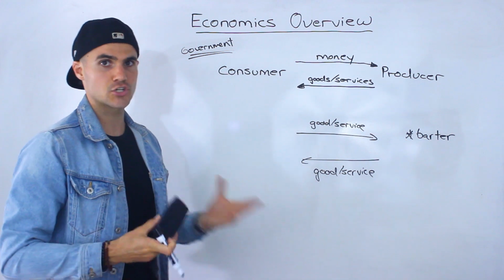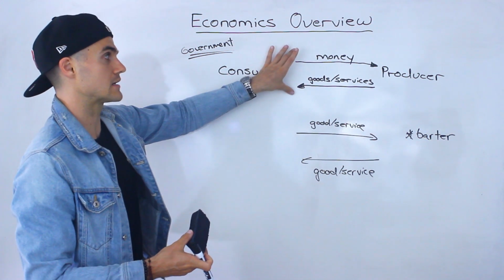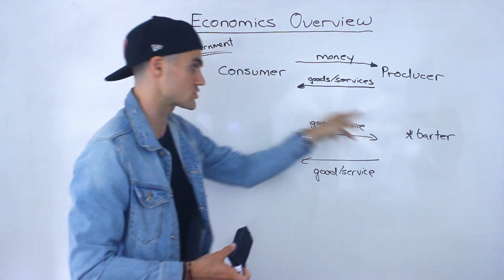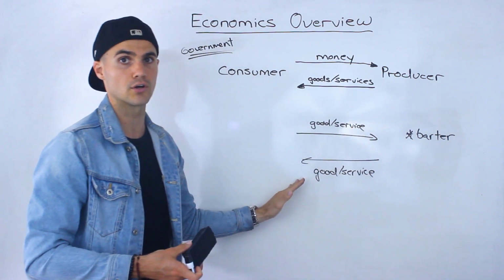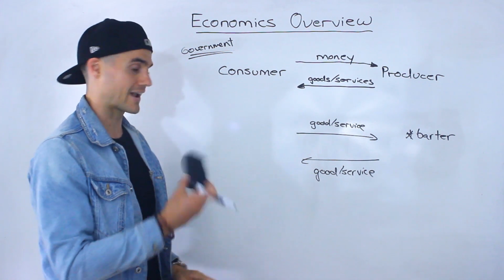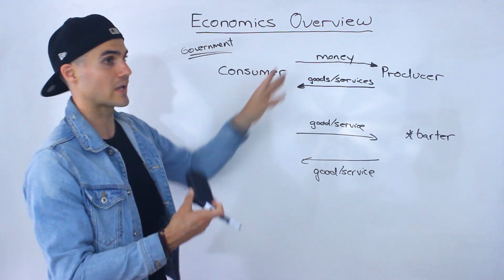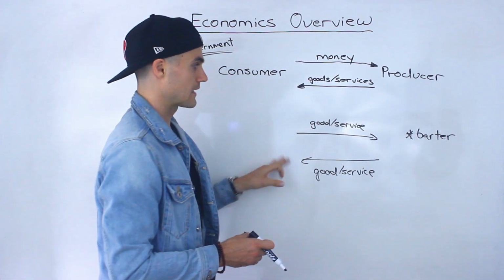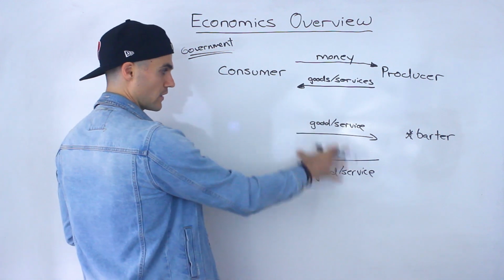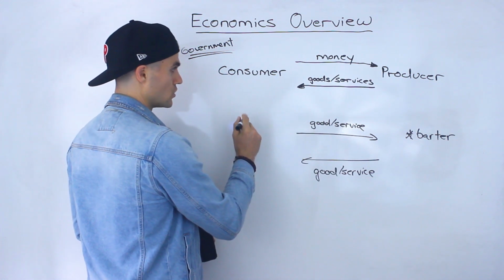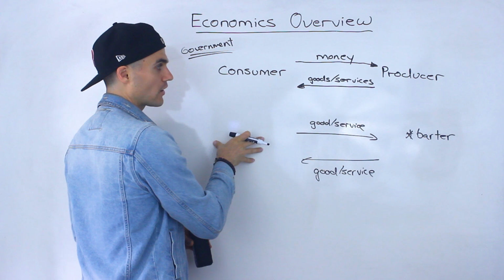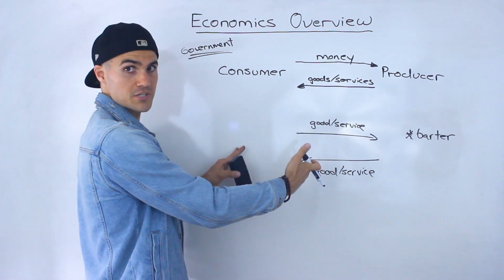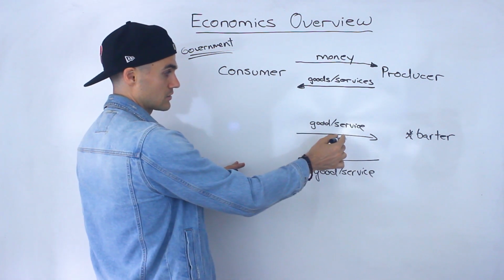However, most transactions these days are like this: money is given for a good or service. It's very rare that a good or service is given for another good or service. That was more back in the day when money wasn't created yet as a medium of exchange. Another problem with a bartering transaction is that it's tough to classify one party as a consumer and the other as a producer, because they're both consumers and producers in this transaction.